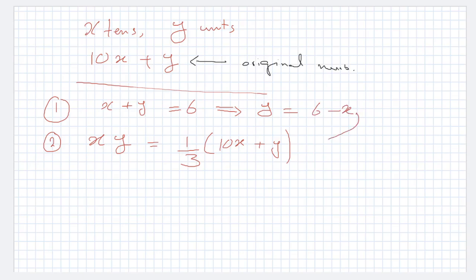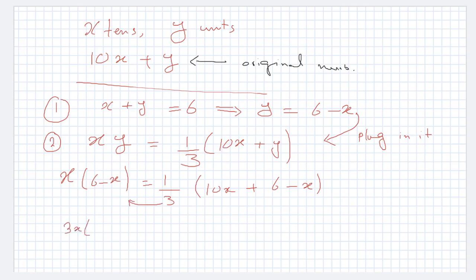And I can plug this value into the second condition, or second equation. So I can write x times y, where y is 6 minus x, and this is going to be 1 over 3 times 10x plus y. So y is going to be 6 minus x. I can multiply 3 on the other side, so this becomes 3x times 6 minus x, and this is going to be equal to 10x minus x, which is 9x, plus 6.